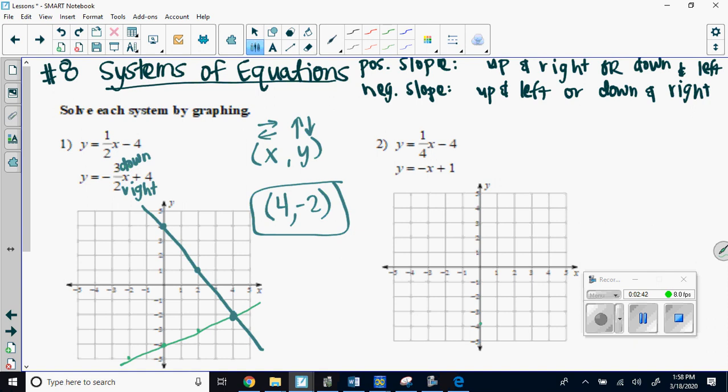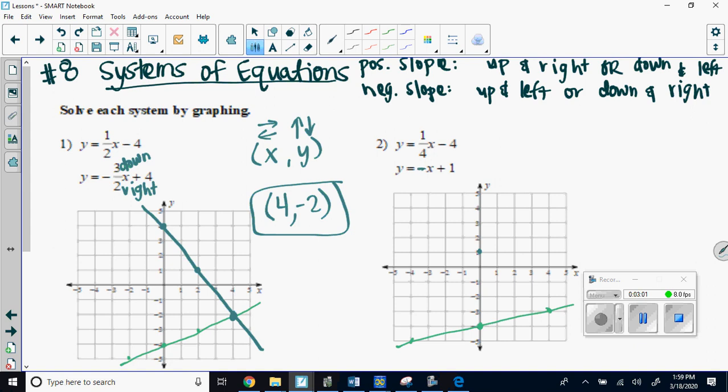We start at -4, because that's our y-intercept, and then our slope is up 1, right 4. I'm also going to go down 1, left 4. Second equation, we start at +1.